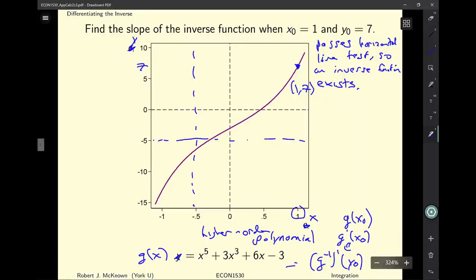So that's what we want to find. We want to find this here, and it's going to appear somewhere on this diagram such that when the two functions interact with each other, one embedded in the other, we just get x.